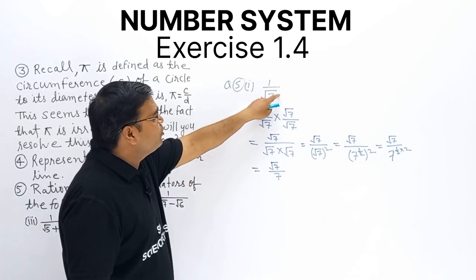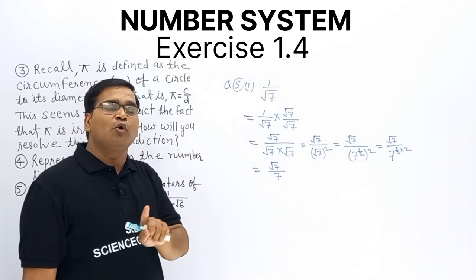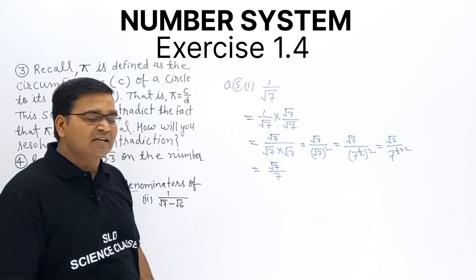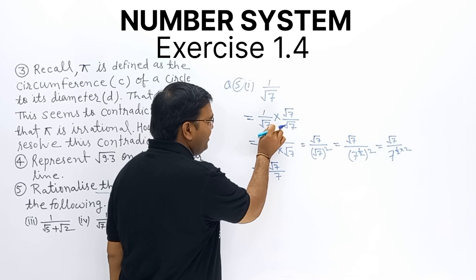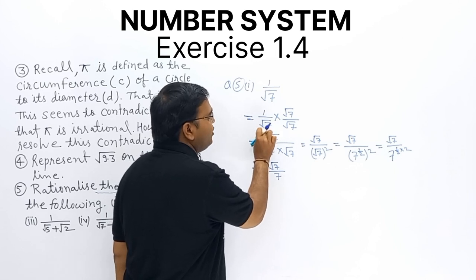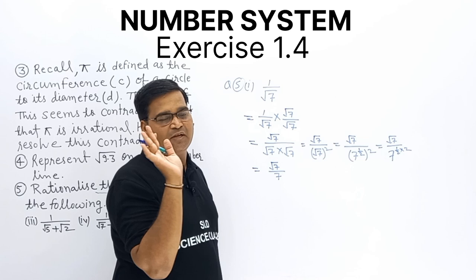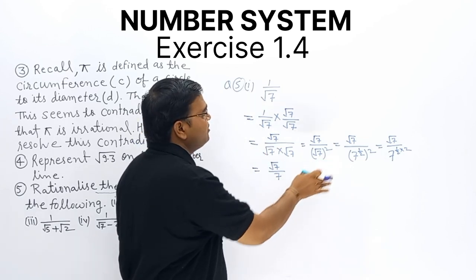We want to remove this square root, so for rationalization of the denominator, if we have only a single term, then we multiply and divide by that single term.